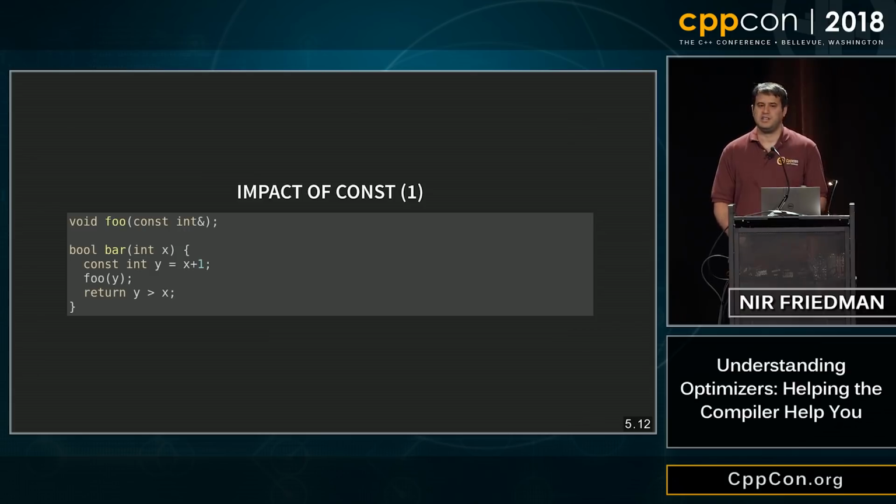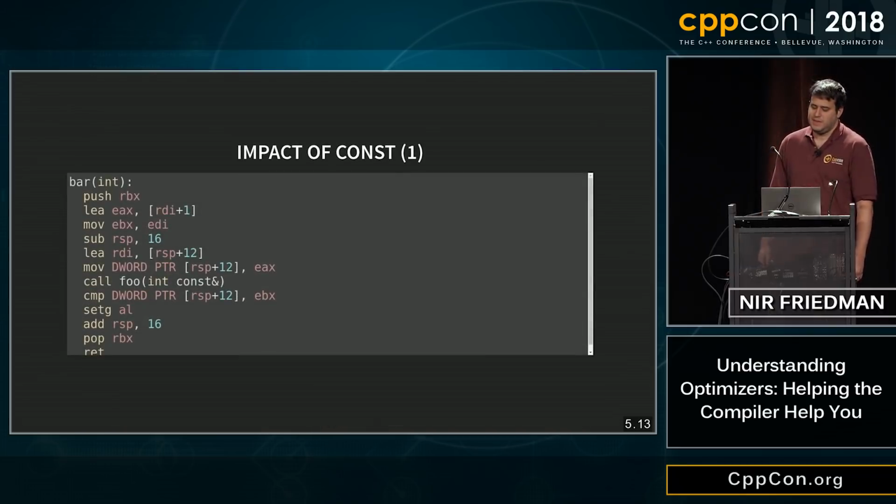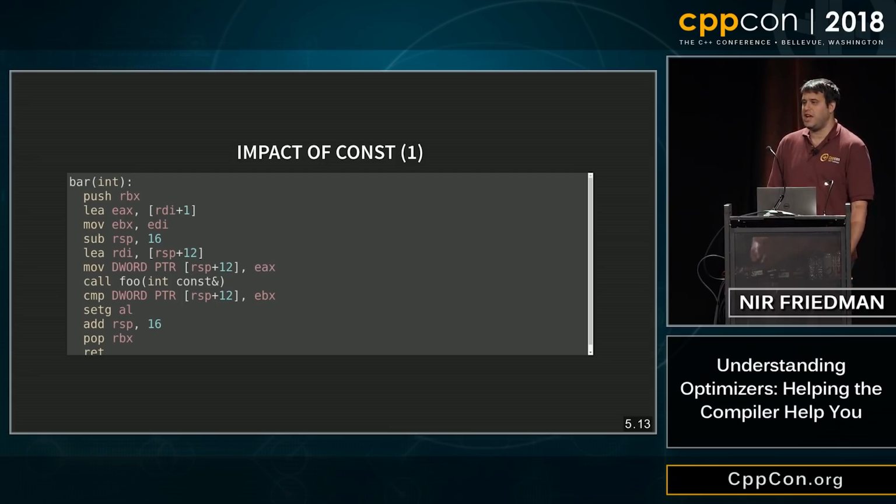Actually changing a value that is const is UB, but casting away const for something that's not const is not. So y, the value here, is actually const, and the compiler doesn't do anything with that. There's a cmp instruction there, as you can clearly see. If you change it to pass by value, then it works.